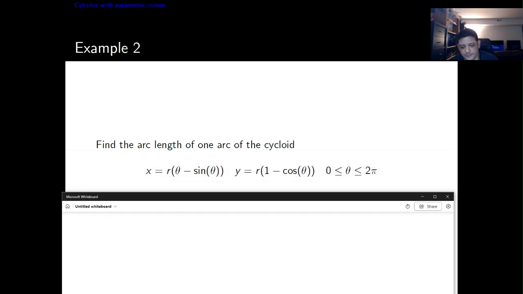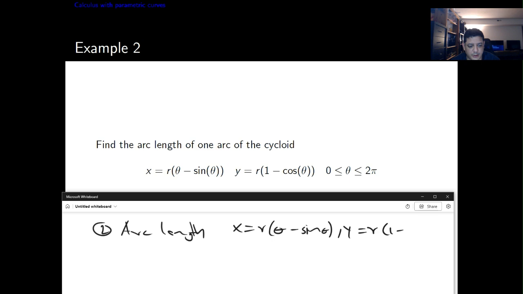We have here arc length for x equals r(theta minus sine of theta), and y equals r(1 minus cos of theta), and we have theta moving between 0 and 2 pi.